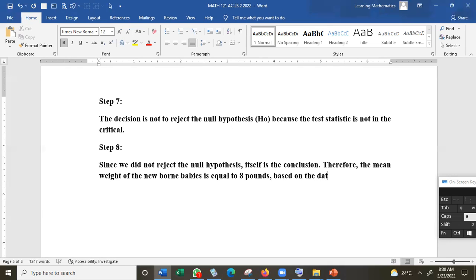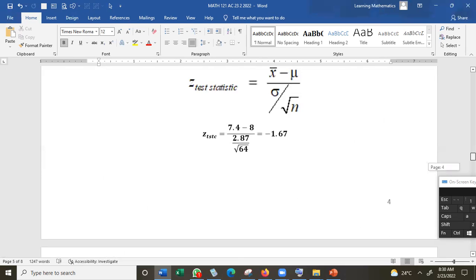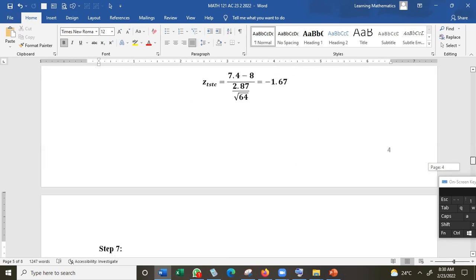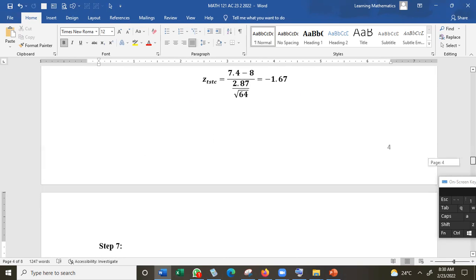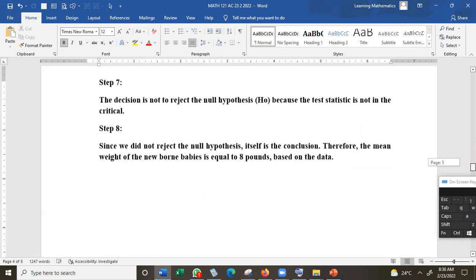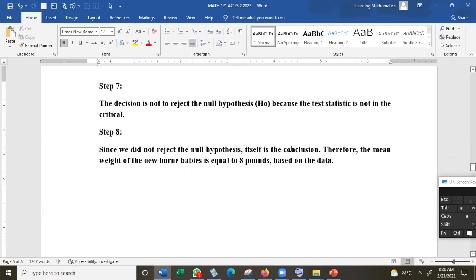You must end by saying based on the data. So here you have it, the 8 steps for z-test for mean using the classical approach, from stating the pair of hypotheses to concluding. One of the hypotheses will always be the conclusion.